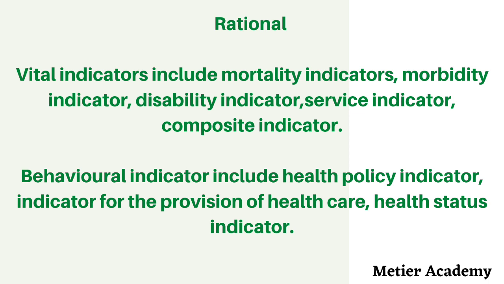What is vital indicator? It includes mortality indicator, morbidity indicator, disability indicator, service indicator and composite indicator. Whereas behavioral indicator include health policy indicator, indicator for the provision of healthcare, health status indicator. So if you know these types of indicators, then we can directly switch to the answer.